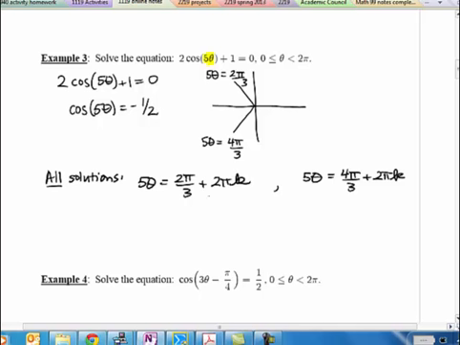Get a general list by taking that and adding 2 pi k, and after you've added the 2 pi k, then divide everything by 5.